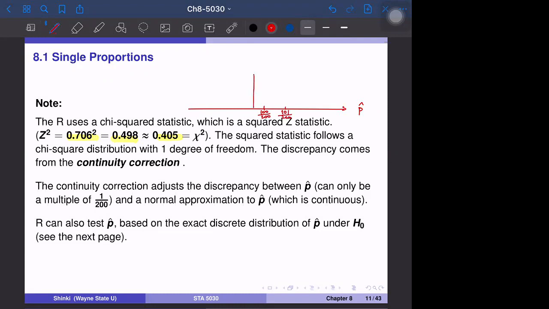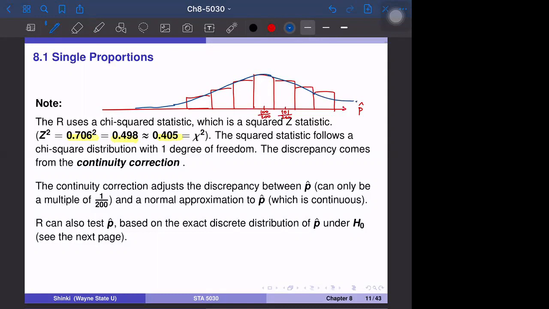So the distribution is like this. So it's discrete. And the discrete distribution was approximated by a continuous curve, a normal curve, like this.